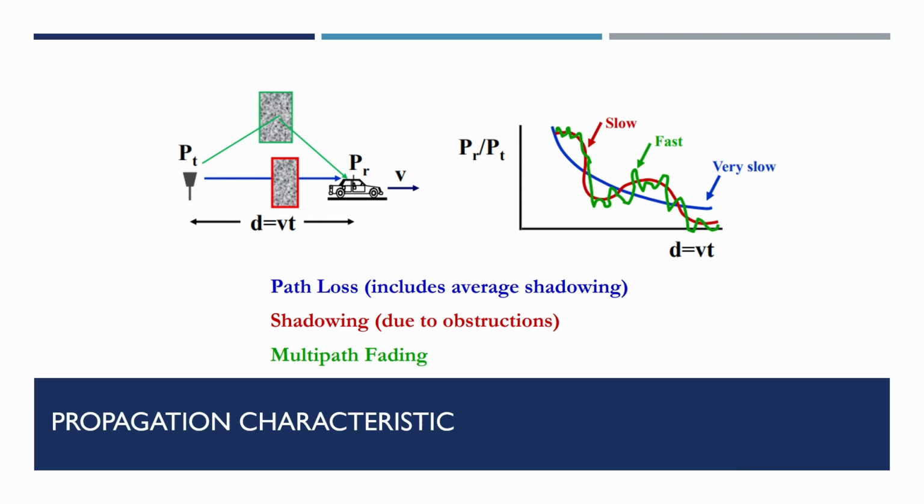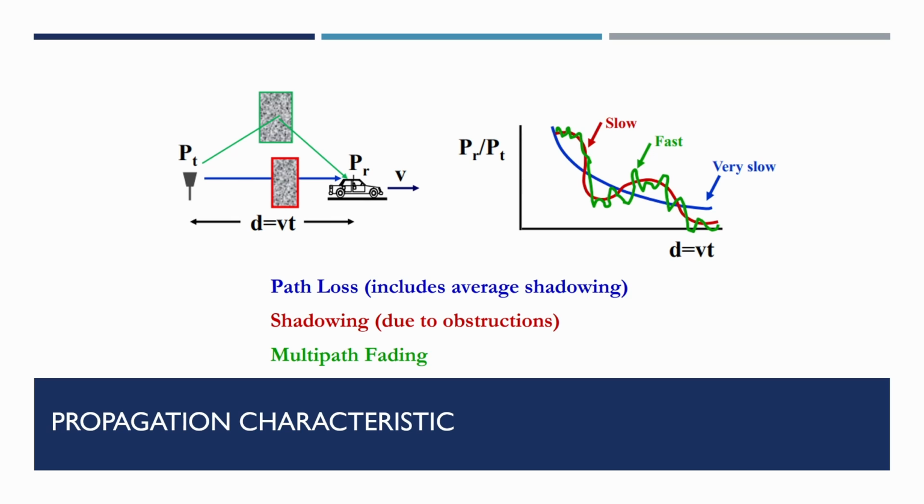But if there is an obstacle between the receiving side and the transmitting side, then the power of the receiving side will drop significantly faster. You can see the red line in the graph.